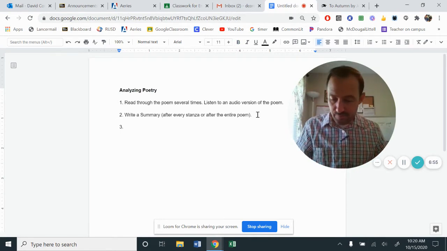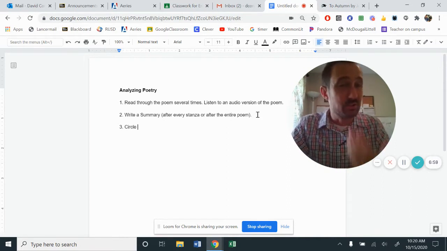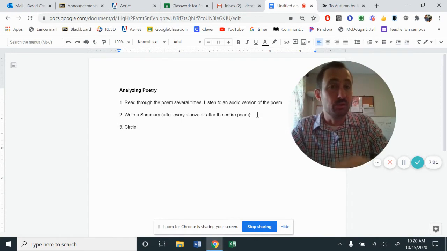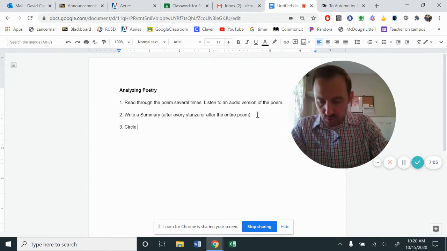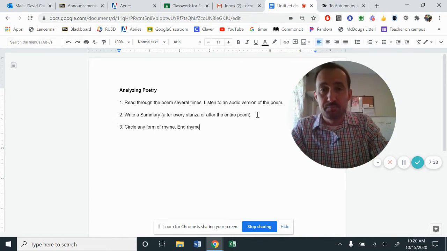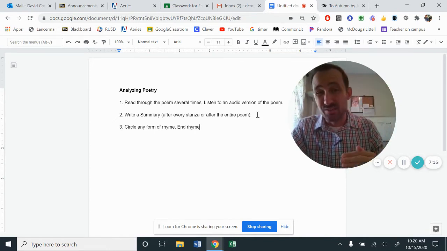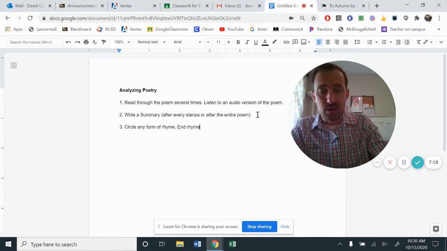Number 3, the very third thing, what we're going to do is we are going to circle, and these are annotation tools that I use, but you can use an identifying mark that's best for you. Circle any form of rhyme, okay? This could be end rhyme, where the words at the very end of the line begin to make a pattern.